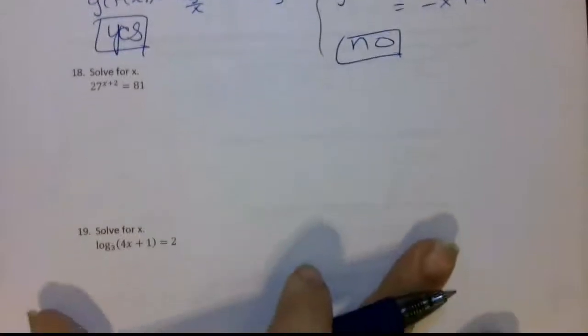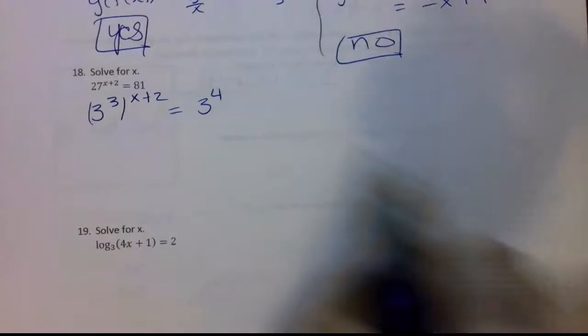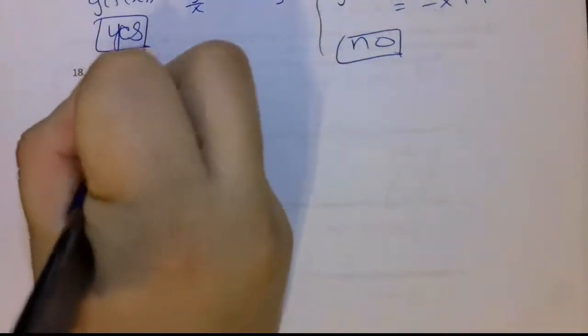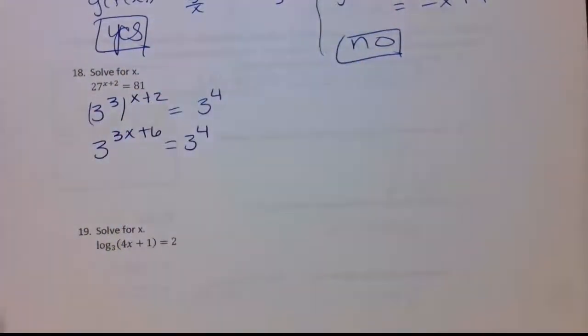Okay, number 18 wants me to solve for x. 27 and 81 are both powers of 3, so I want to rewrite those. 27 is 3 cubed. 81 is 3 to the 4th. I want to multiply my exponents on the left side. So I have 3 to the 3x plus 6 equals 3 to the 4th.